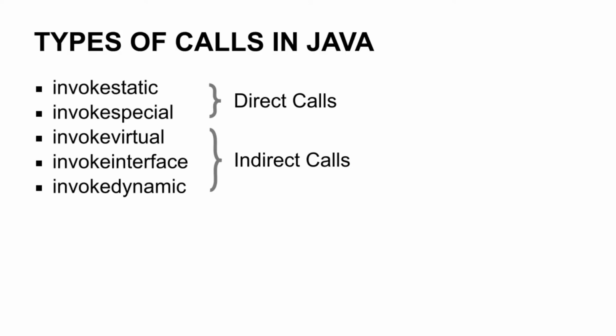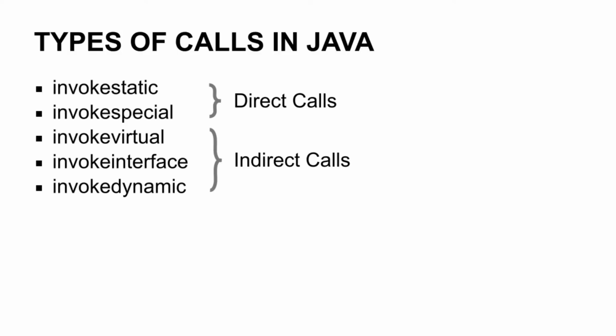And then there are three types of indirect calls, or what in C++ or C# you'd call a virtual call. There's invokevirtual, which is used for references to classes. There's invokeinterface, which is used for references to interfaces, and invokedynamic. Invokedynamic is the only new bytecode that's ever been added to Java, and you're probably aware of its use for dynamic languages, although it has some role to play with lambdas in Java 8 as well. But we're just going to focus on the top four.